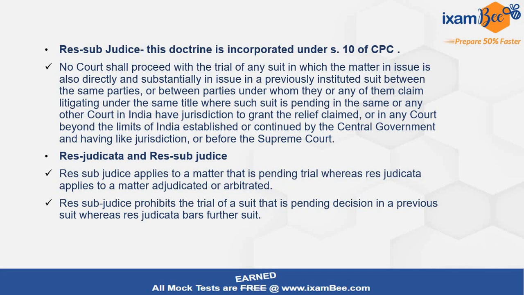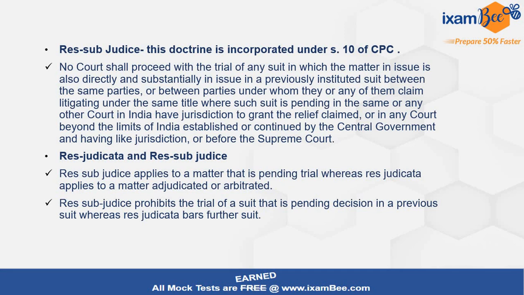Res sub judice is also one allied doctrine which you can correlate here, as it is covered under section 10 of CPC. It is a doctrine that is incorporated in section 10. Res sub judice and res judicata are two different doctrines with just one slight difference: res sub judice is applicable when the suit is pending in court, and res judicata is applicable when the former suit is already decided by the court.